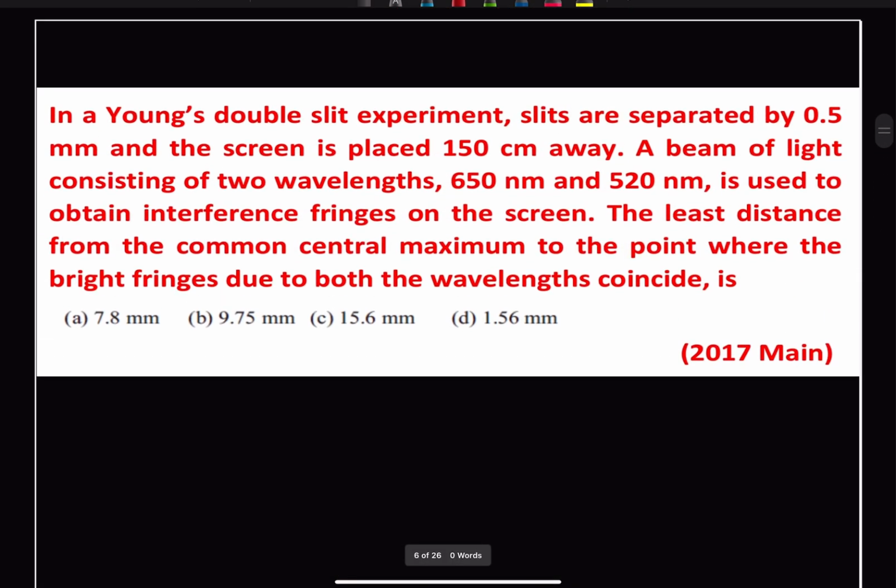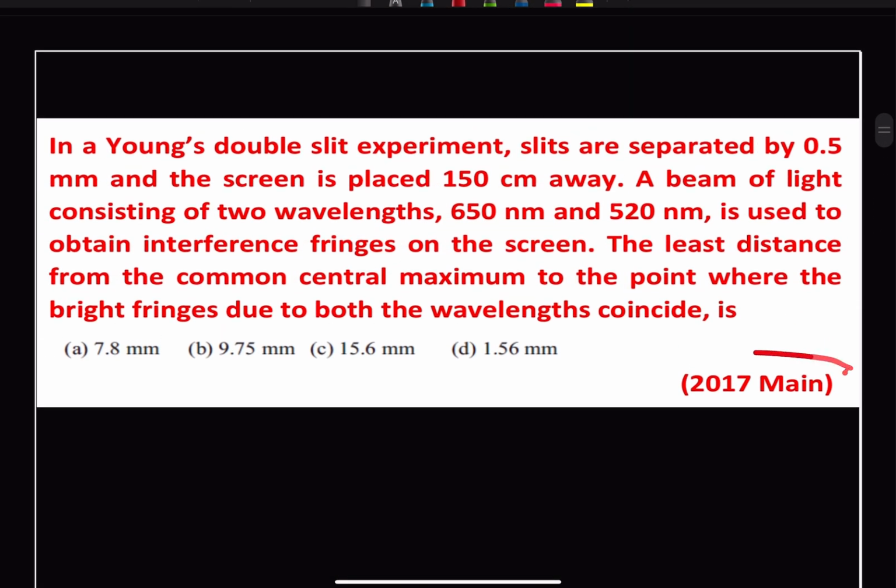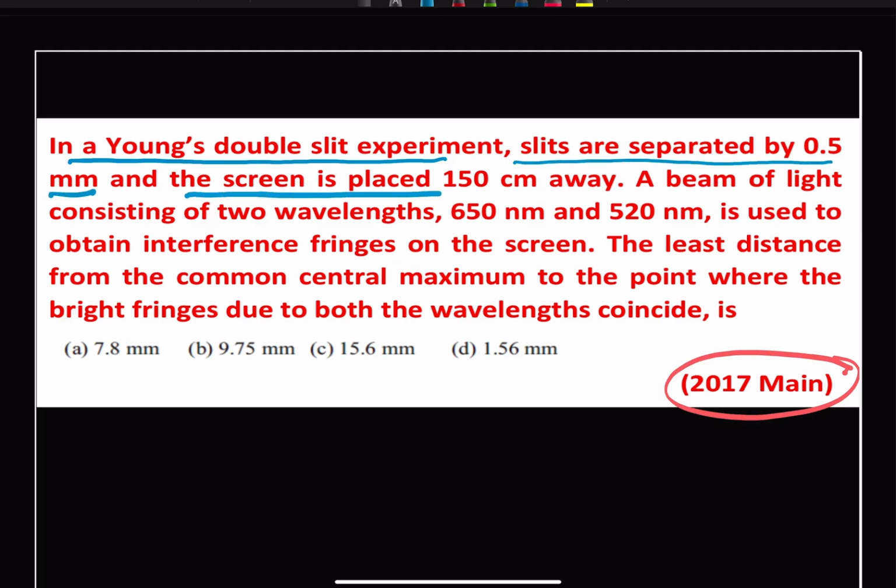We come to the next question. It was asked in the year 2017 mains, and it states that in Young's double slit experiment, slits are separated by 0.5 millimeter and the screen is placed 1 centimeter away. A beam of light consisting of two wavelengths, 650 nanometer and 520 nanometer, is used to obtain interference fringes on the screen.